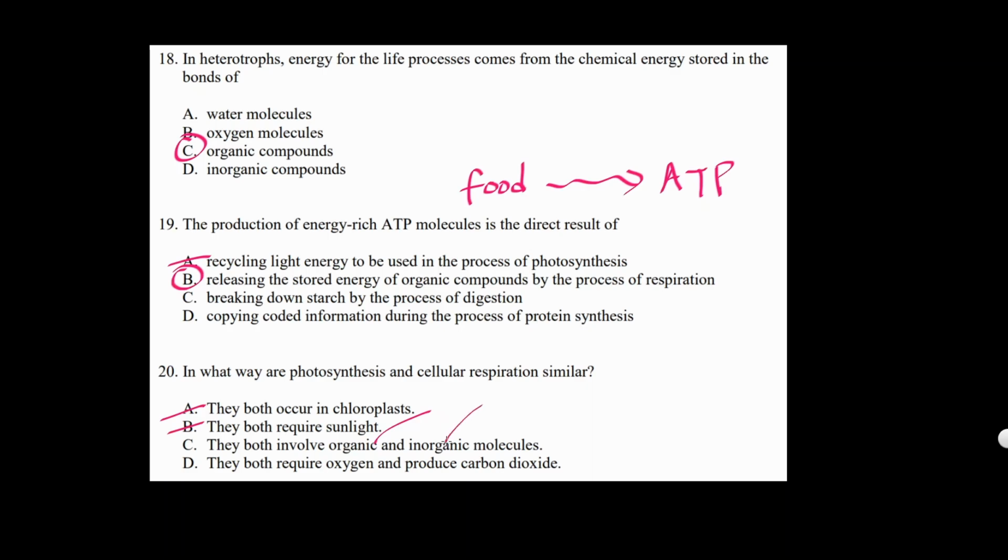Inorganic, we're talking about things like inorganic phosphate or anything that doesn't contain carbon in it. Probably, let's see what these sound like. They both require oxygen. Oh no, only cellular respiration, right? And produces carbon dioxide. This is only cellular respiration. It doesn't apply to photosynthesis. So C must be the answer here.